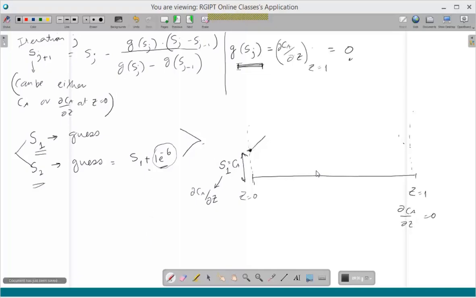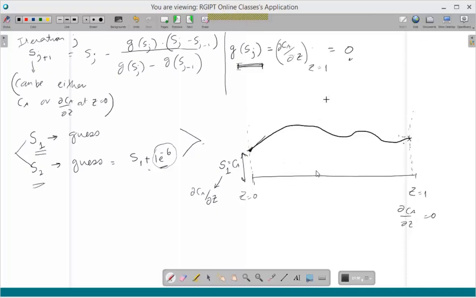Now knowing this value and the slope, I can actually perform my Runge-Kutta calculation and then reach the other end. Just a minute, Rohit, let me explain this.